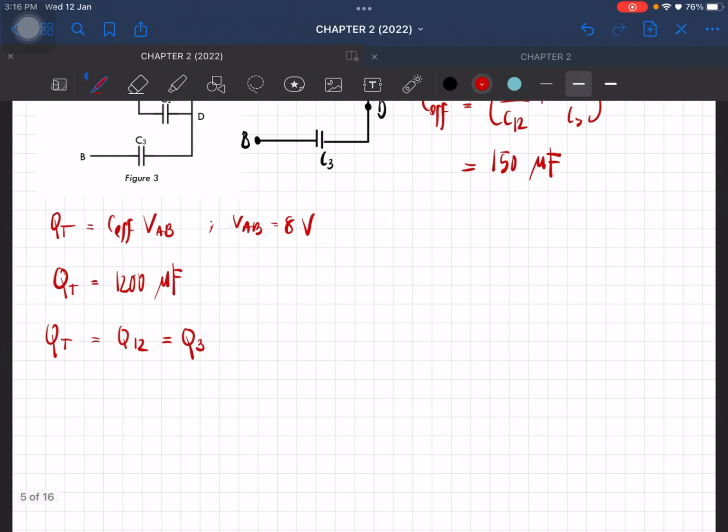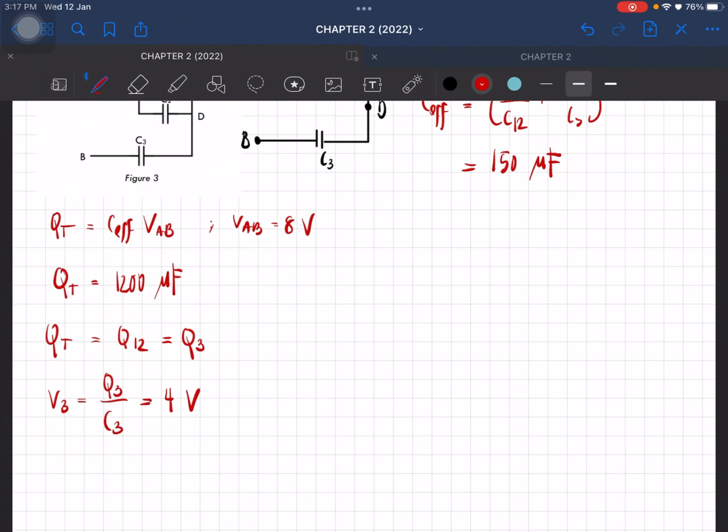Now we can find the potential difference across capacitor 3 because we already have the magnitude of the charge for capacitor 3. So V3 is equal to Q3 over C3, which is equal to 4 volt. That is the potential difference across capacitor 3.